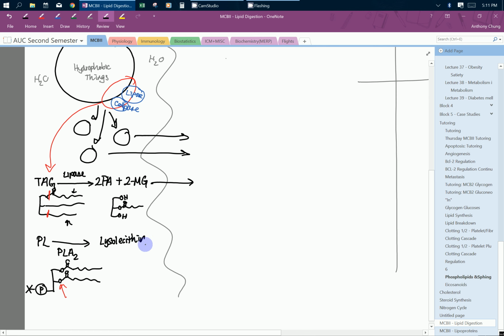And then it needs to get cleaved one more time to get rid of the other chain, and that's called the lysophospholipase.